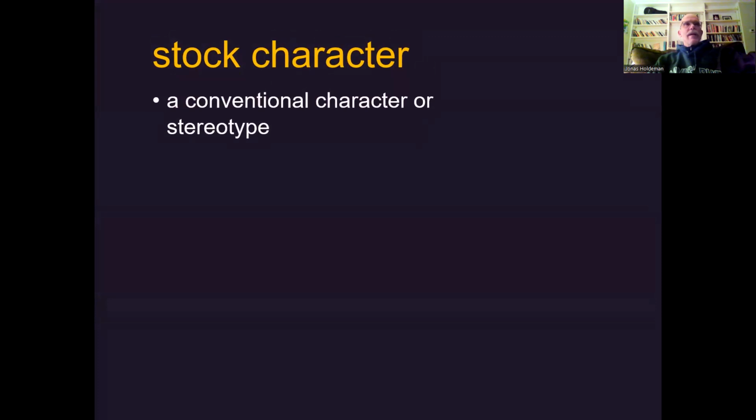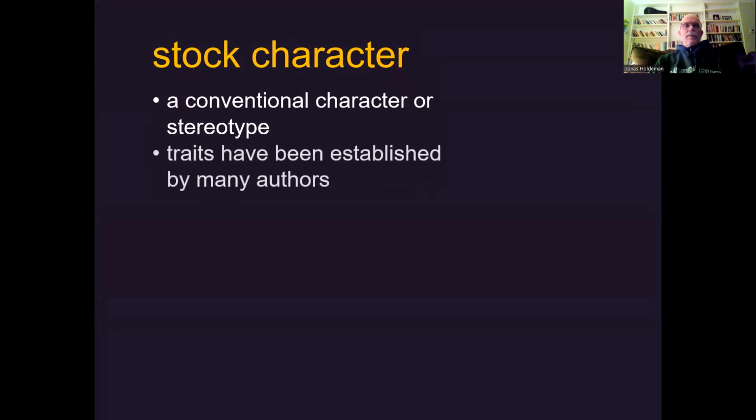So this might be, say, a Jewish grandmother. It might be the overbearing boss. It might be the sort of crazy uncle. The domineering father, the overprotective mother. Okay, so these are all examples of stock characters.